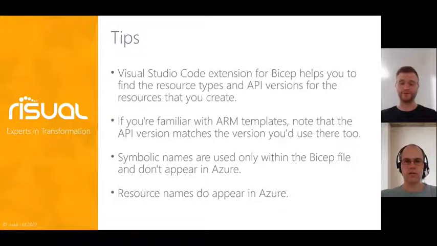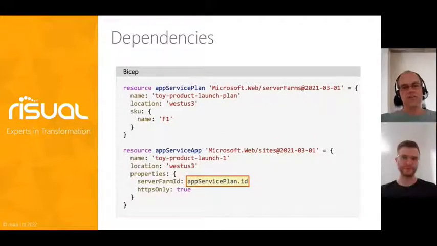If you're familiar with ARM templates, note that the API version matches the version you've used there too. The symbolic names are used only within the Bicep file and don't appear in Azure, and resource names do appear in Azure. Great, so that's a good starting point.